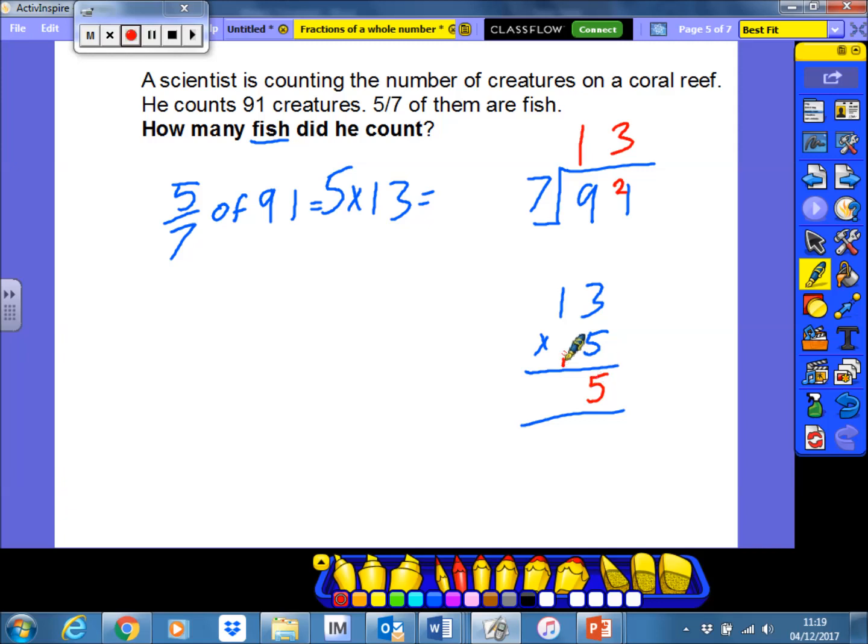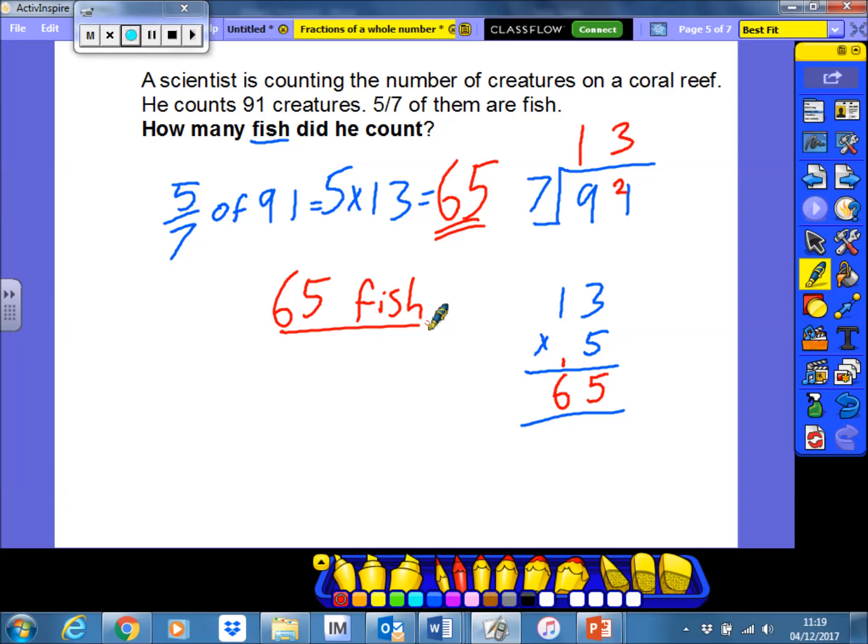So I'm going to exchange the 10 up into the tens column. I then do 5 times 1, which is 5. Add on the 1 here, is 6. So our final answer for this calculation is that 65 of them are fish in this problem.